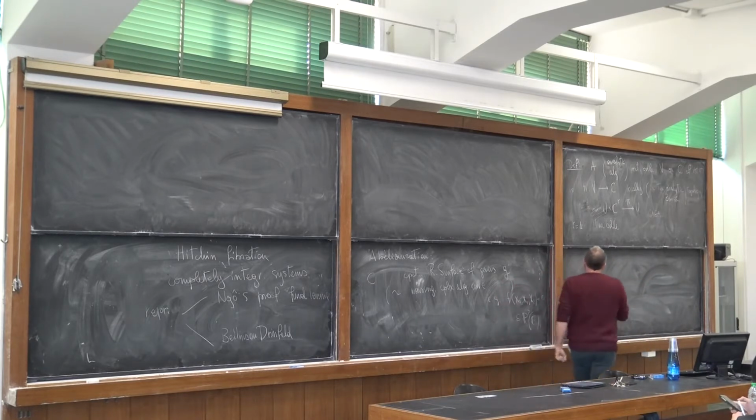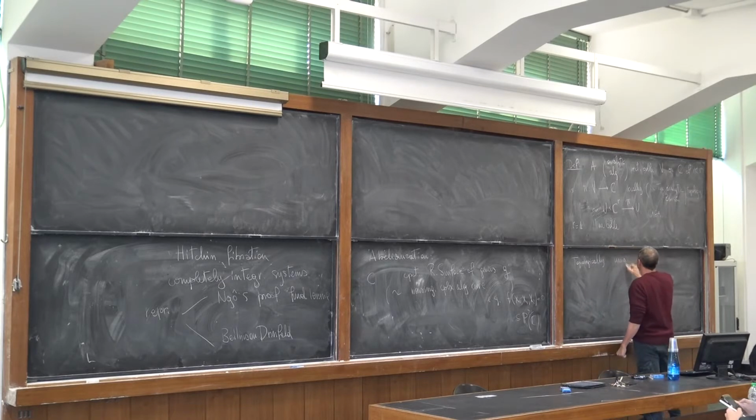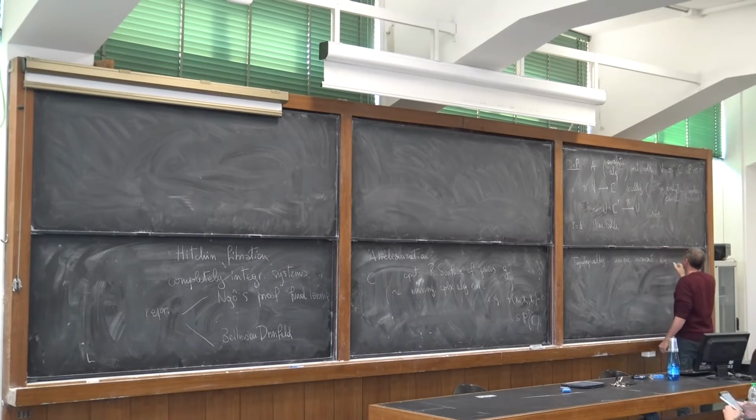So, from the topological point of view, there is a unique invariant, which is the so-called degree, which is an integer.